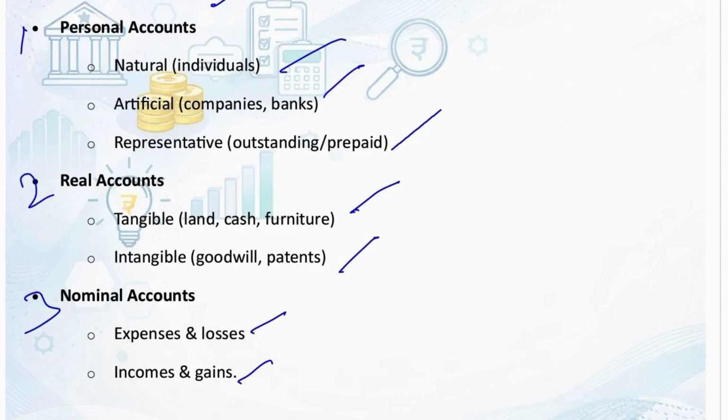This classification is very crucial for applying debit and credit rules correctly. If we classify any account wrongly, it will affect the entire balance sheet.